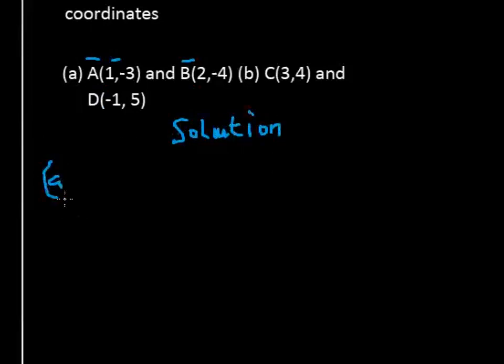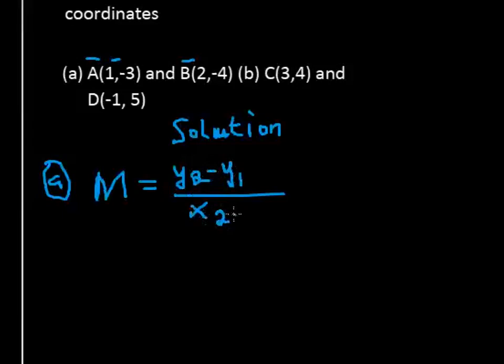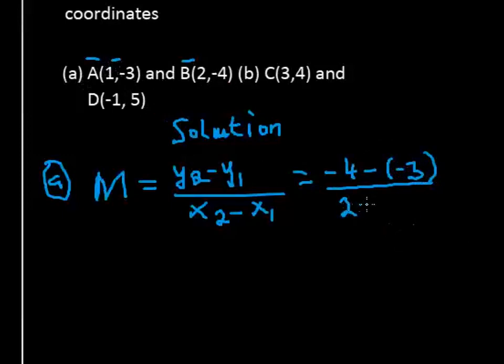For part A of the question, remember the symbol for slope is m, which is the change in y, y2 minus y1, all over x2 minus x1. So this is going to be equal to y2, here minus 4, minus y1, minus 3, over x2 here is 2, and x1 is 1.